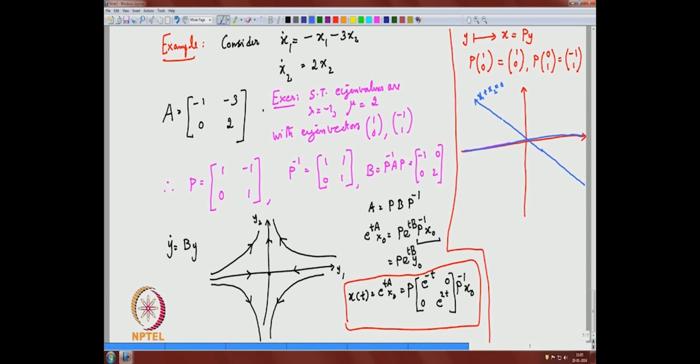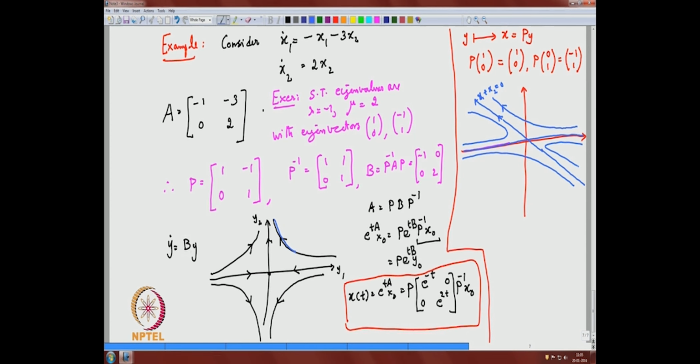So, now the trajectories do not intersect. The trajectory corresponding to this one will go like this. The trajectories will be like this, and the directions will not change. So, the directions will be like this. The trajectory here will only be shrinking. So, this is the saddle point equilibrium.